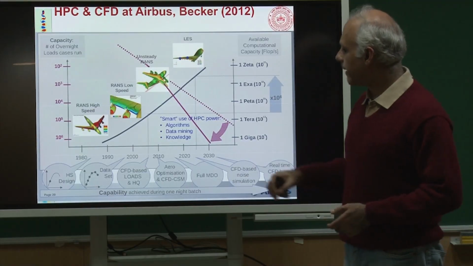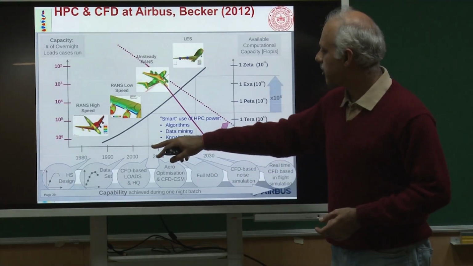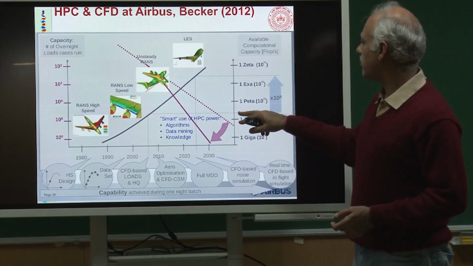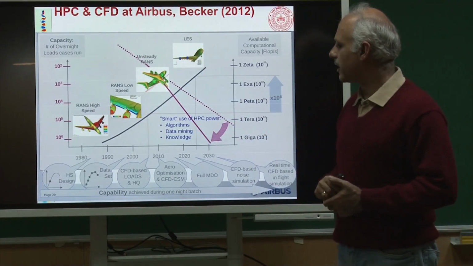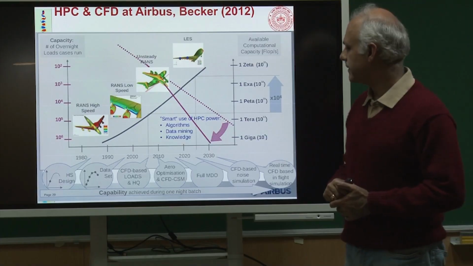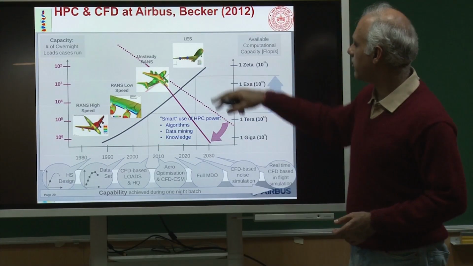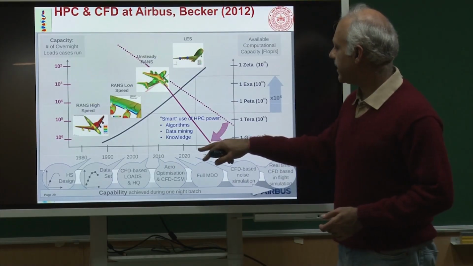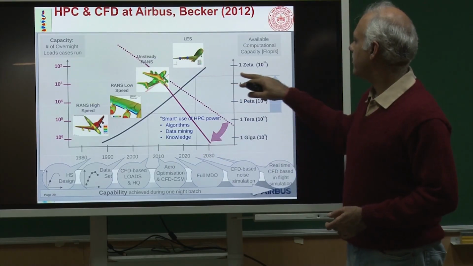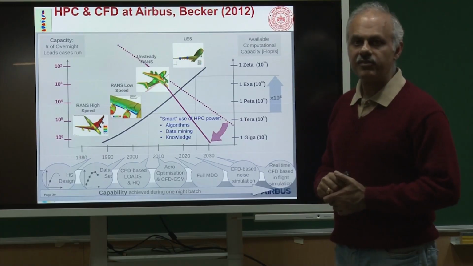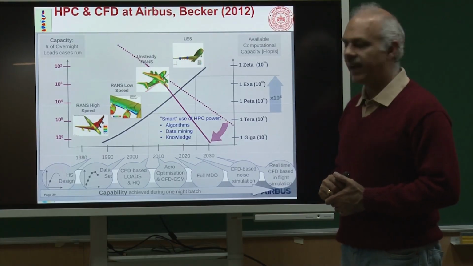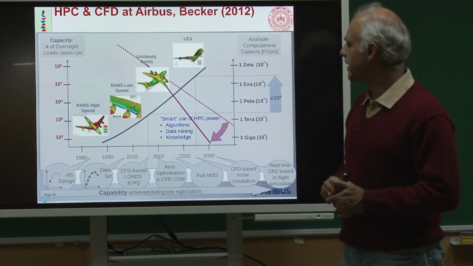For example, if you look at something like 2005, we are talking about a few tens or hundreds of teraflops. Somewhere in 2025, we should be talking about a few tens or hundreds of exaflops. That would be the state of the art.